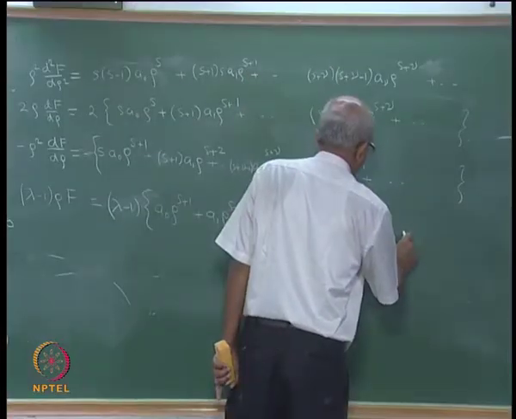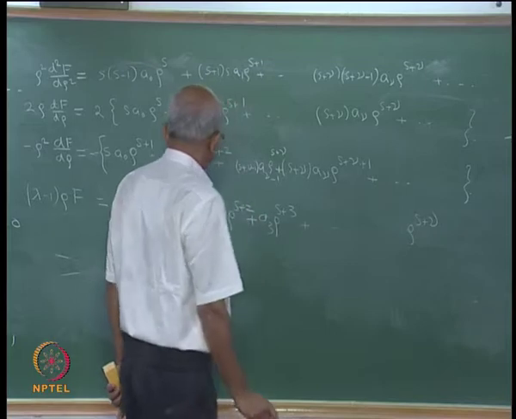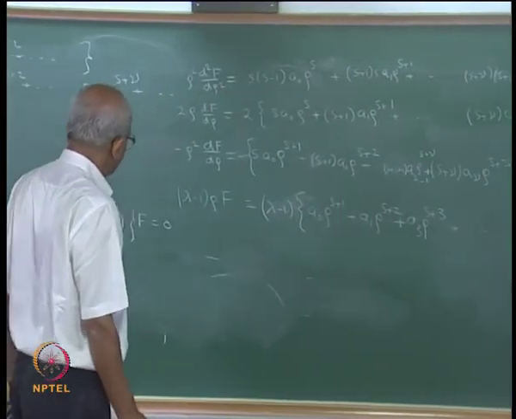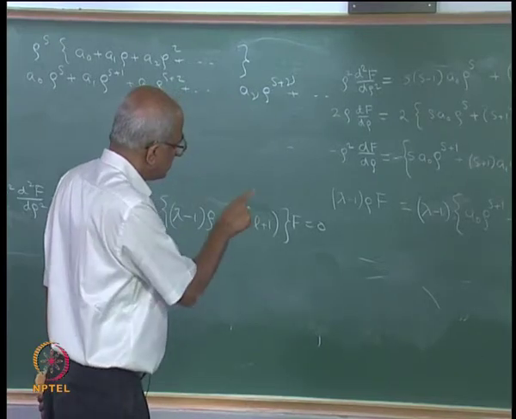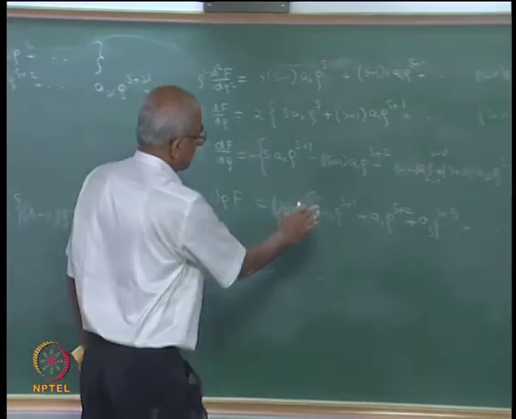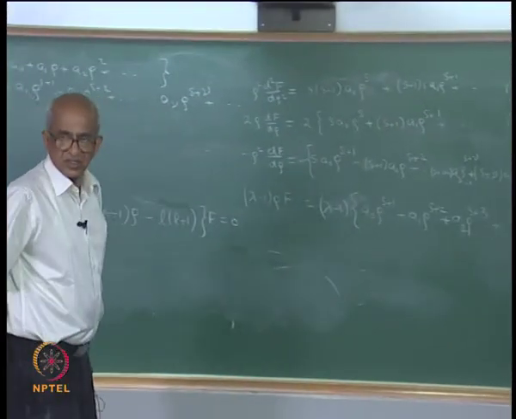I will have here a term rho to the power of s plus nu. What will that be? Is that correct? I know I made a mistake, right? To the power of s, this is a mistake. a2 rho to the power of s plus 3.